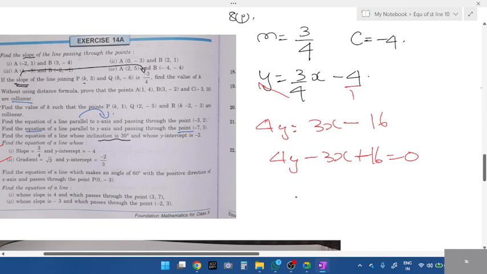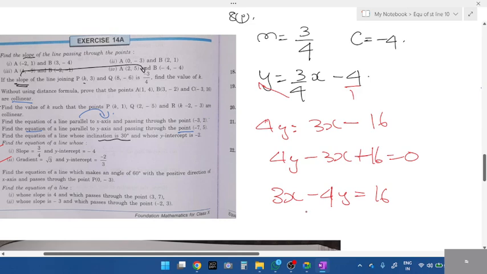Is it clear? 3x minus 4y. Correct. You can even write it like this. In the textbook, they have given 3x minus 4y is equal to 16. They have arranged x first, students.